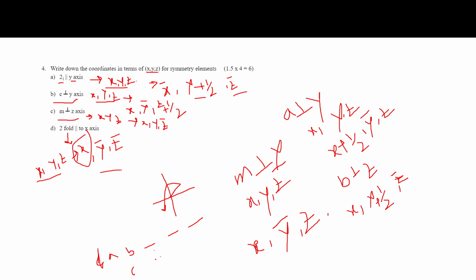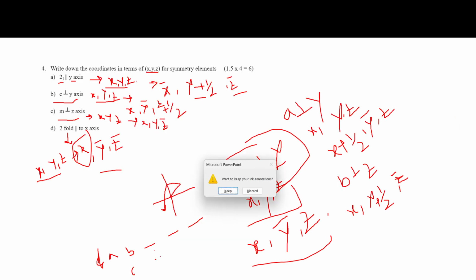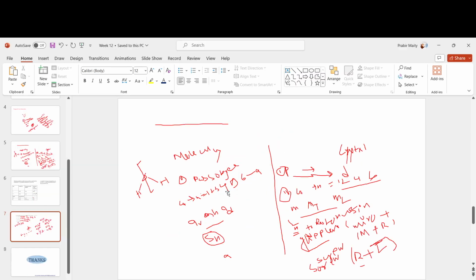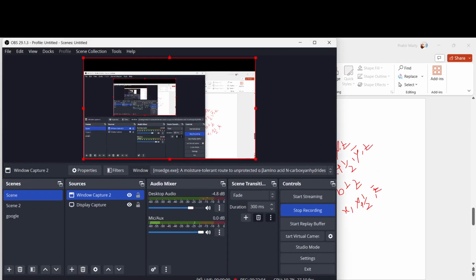So similarly we can also get the point like m perpendicular to y, so your x y z become x, y bar, z, like this. So today's class is all about this. If you have any problem, you can talk.